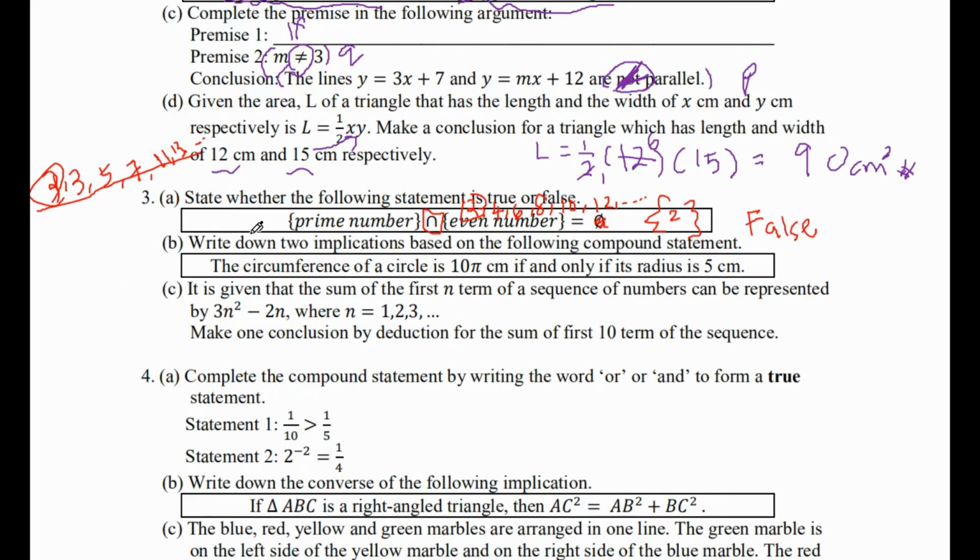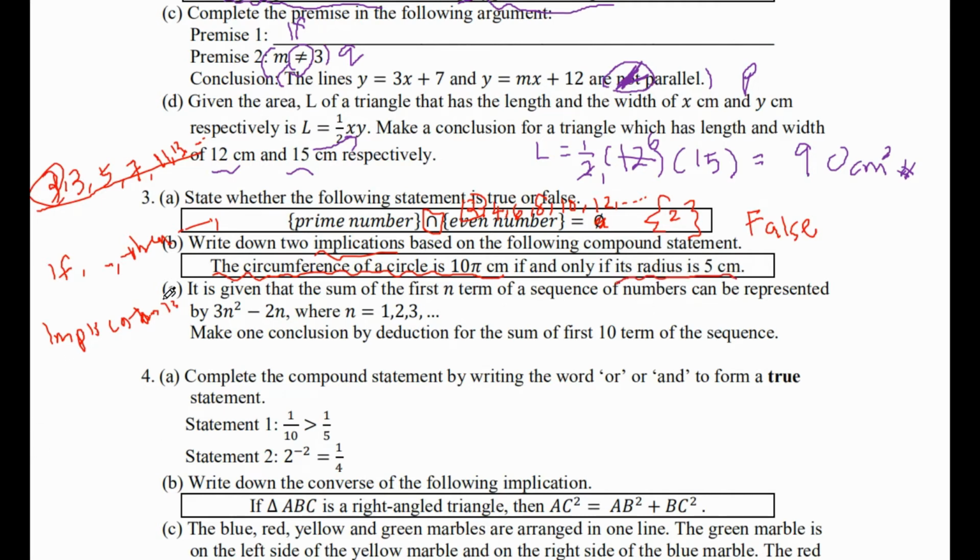B. Write down 2 implications based on the following compound statement. The circumference of a circle is 10 pi cm if and only if its radius is 5 cm. Okay, implication means if, then. So implication 1 will be: if the circumference of a circle is 10 pi cm, comma, then its radius is 5 cm.